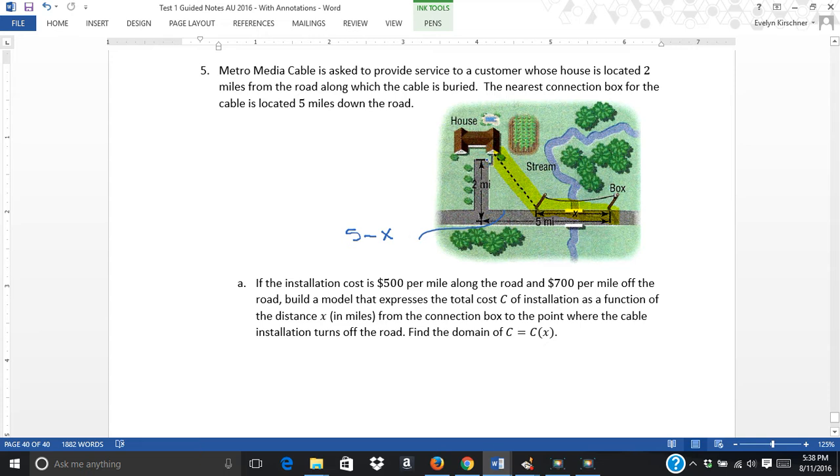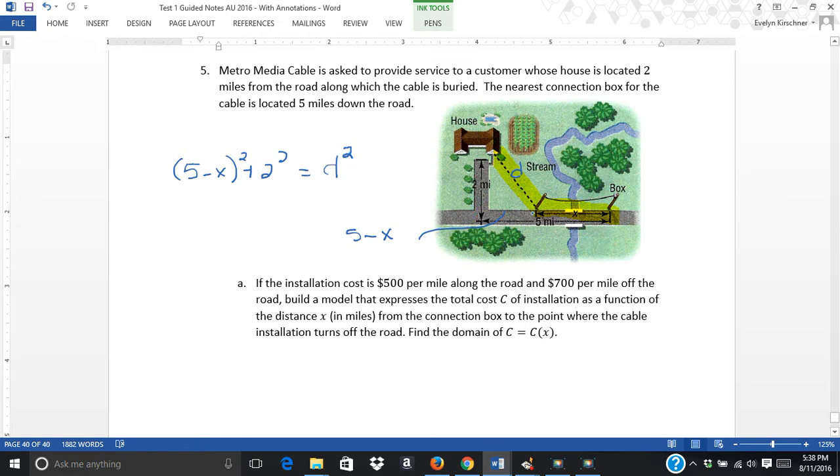Okay? And this distance is 2, so I have a nice little triangle, and I can find this distance here. Remember, it's (5 minus x) squared plus 2 squared. I'll call this d, so d squared, using my Pythagorean theorem.